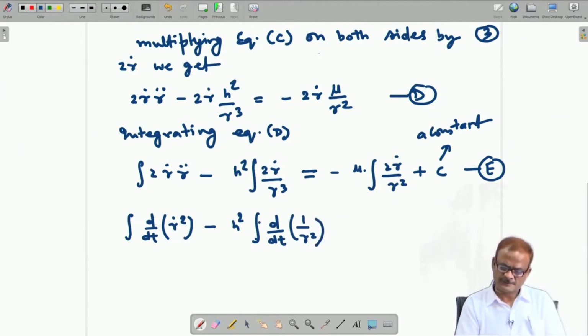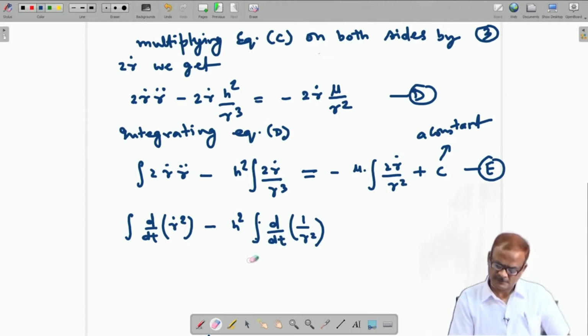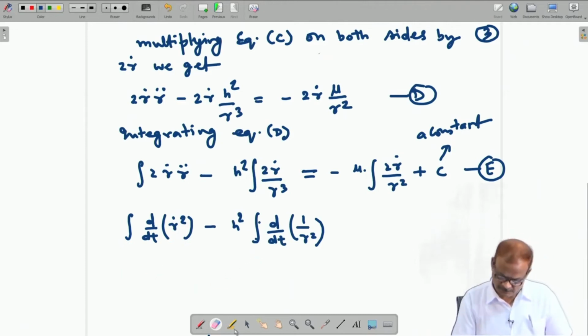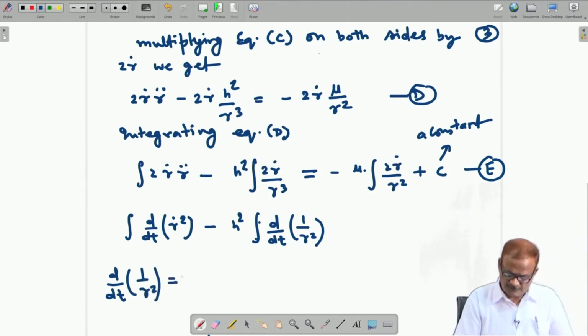We will explore this term and what the sign will be here, so we will do some rough work. d by dt of 1 by r square is d by dt of r to the power minus 2.